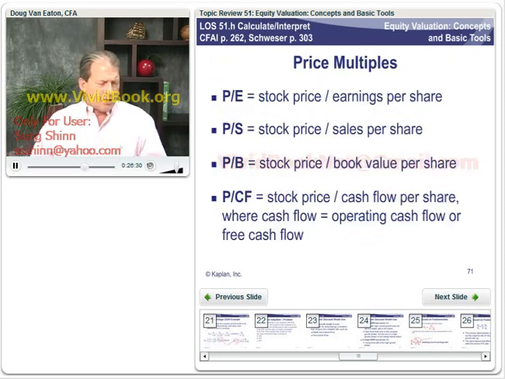Let's look at some other price multiples besides price earnings. We can also have price to sales ratios, price to book value per share, or price to cash flow. And remember, we're talking about free cash flow that could be distributed, not required just to maintain the business.